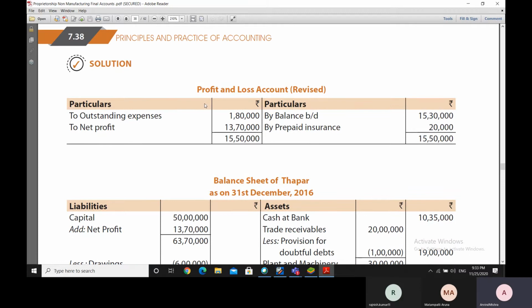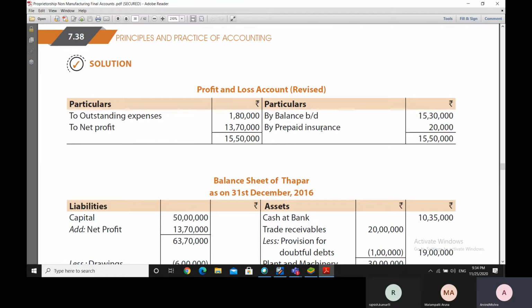Now we have to understand this thing very clearly, that certain expenses have been incurred, that the money has flown out of the bank, but that was not accounted for in the profit and loss account. Similarly, money has flown out in the form of prepaid insurance.